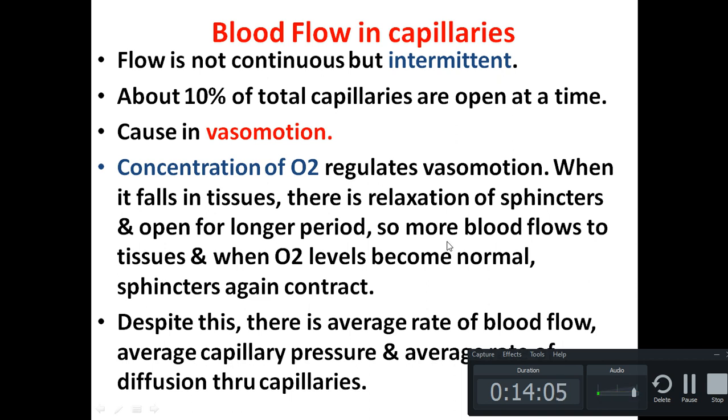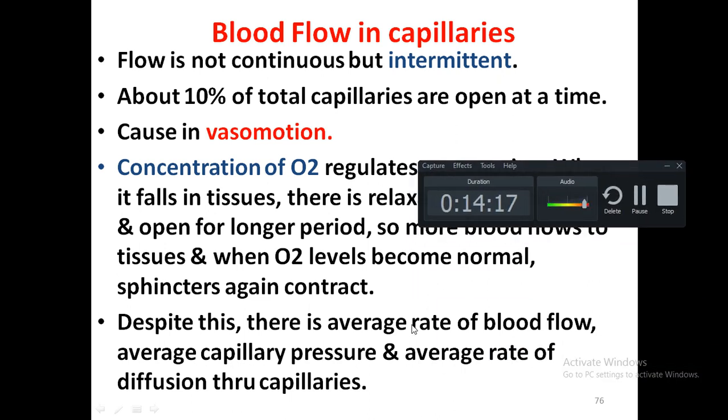So now more blood will flow to the tissues. When the oxygen level becomes normal, then the sphincters will again contract. So despite all these things, there is an average rate of blood flow, an average capillary pressure, and an average rate of diffusion through the capillaries.